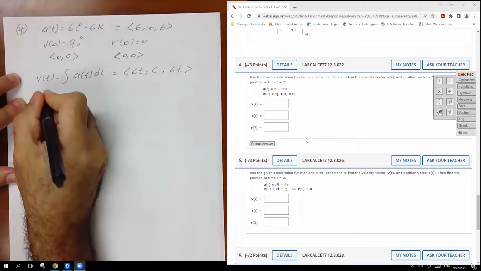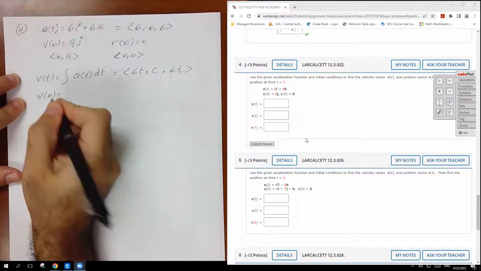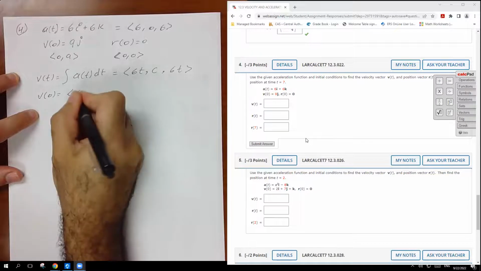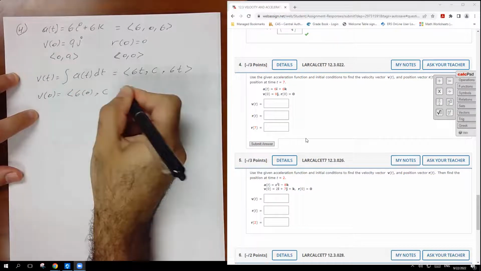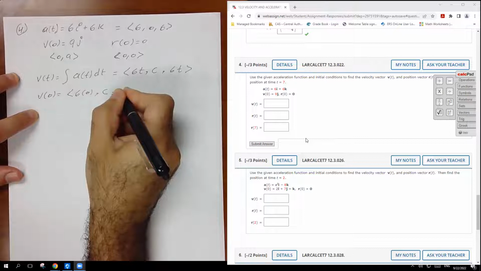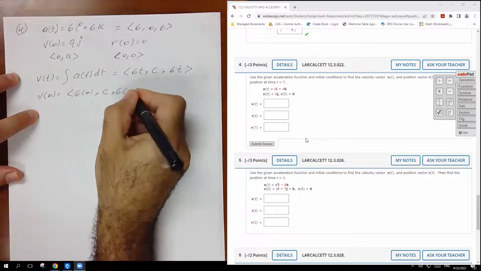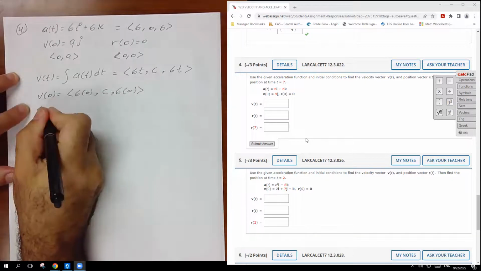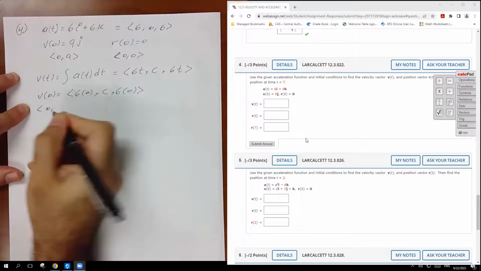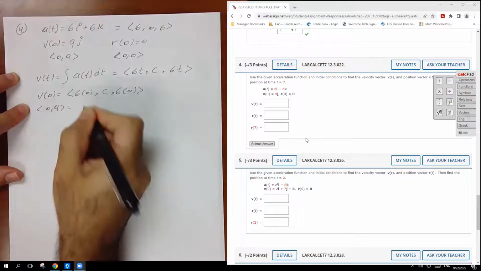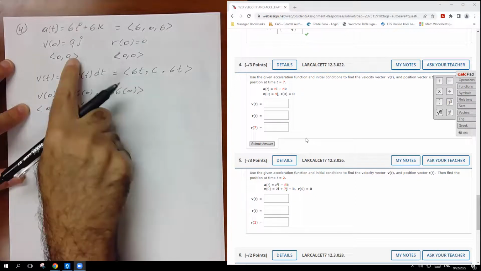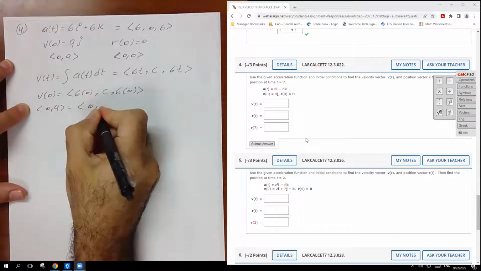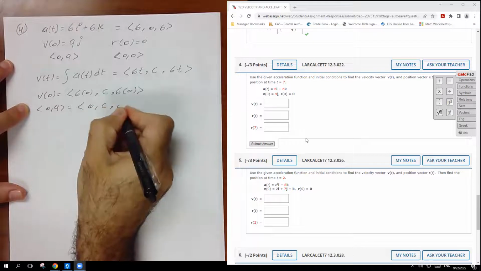So v with respect to the initial point when t equals 0 is going to be equal 6 times 0, and here is the c, and here is going to be 6 times 0. V of 0 equal 9, so this means this equal 0, 9, and here is equal. We have to add the k because we're working with the 3 dimension. So this one is 0, c, and 0.